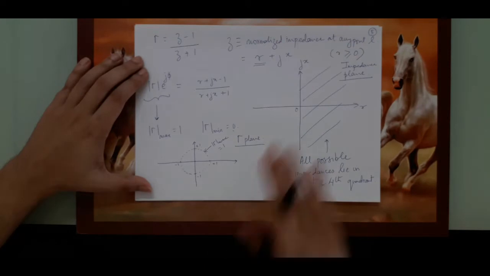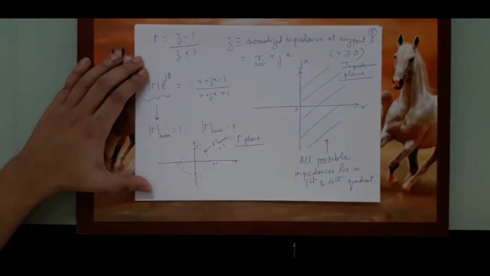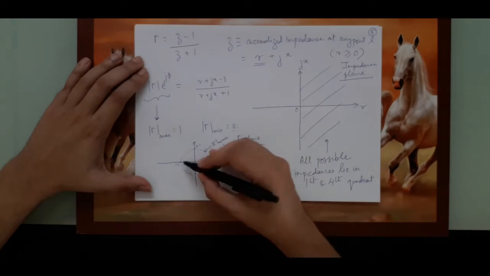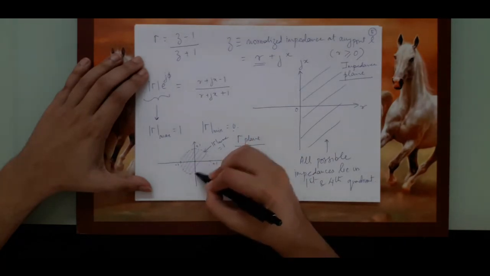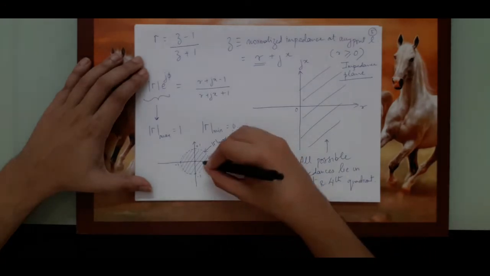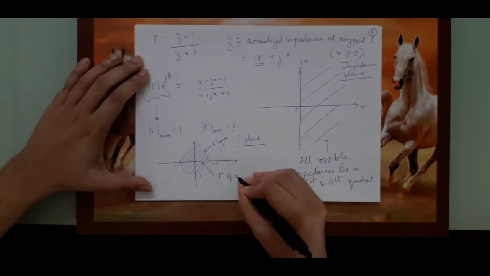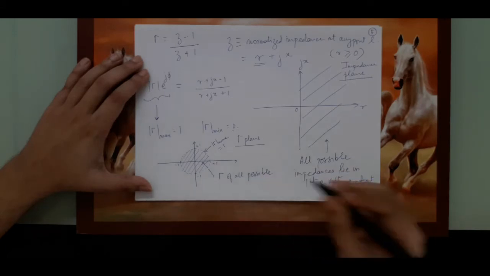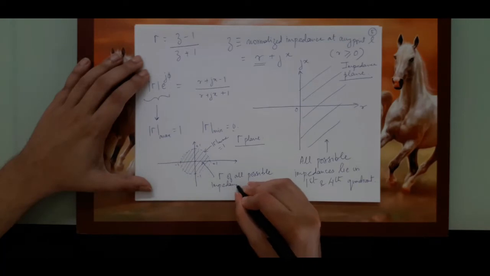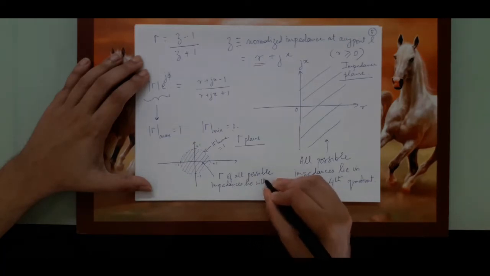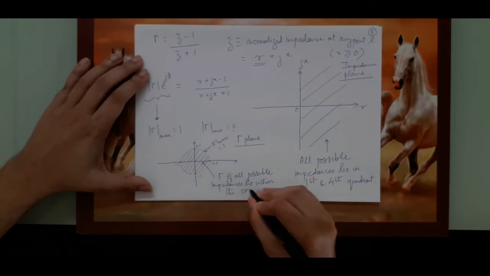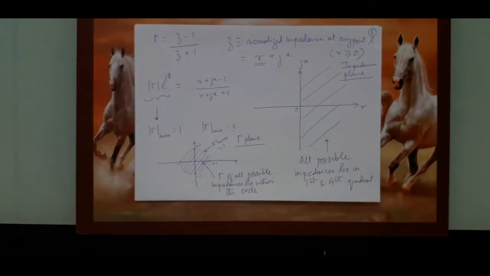I can say that if I have some value of impedance, the corresponding reflection coefficient, if I map it on the gamma plane, will always be bound in this region, inside the circle. Is that fine?